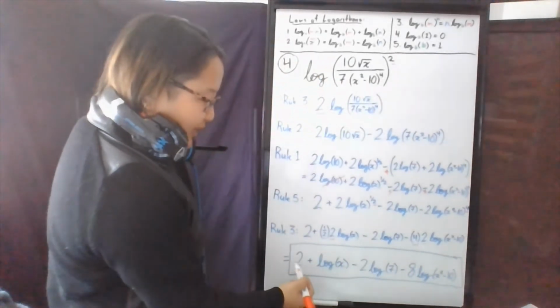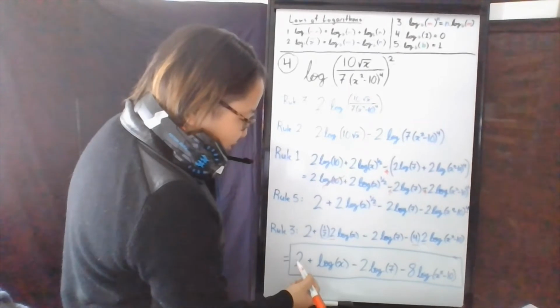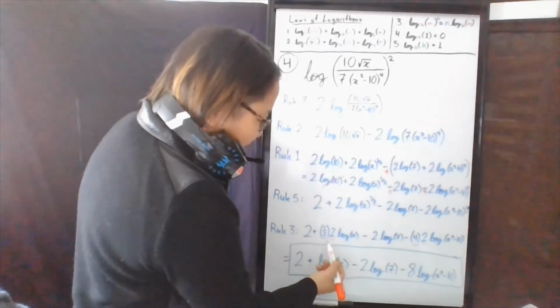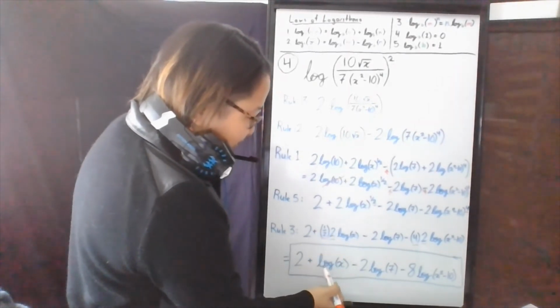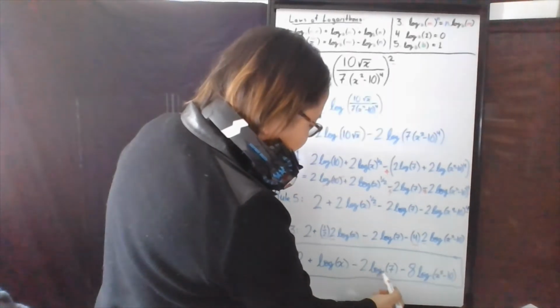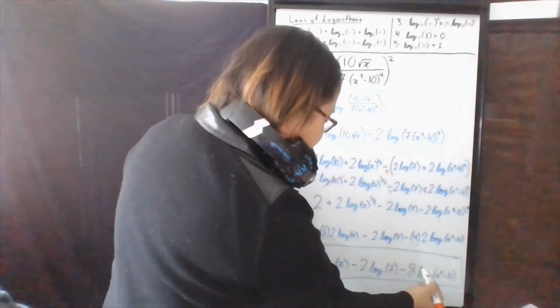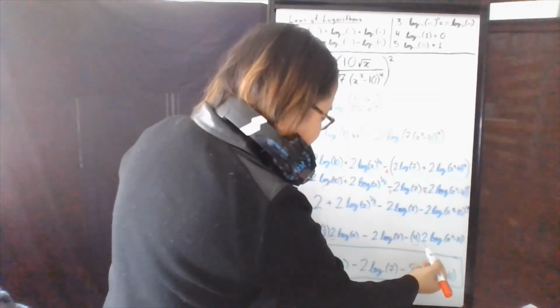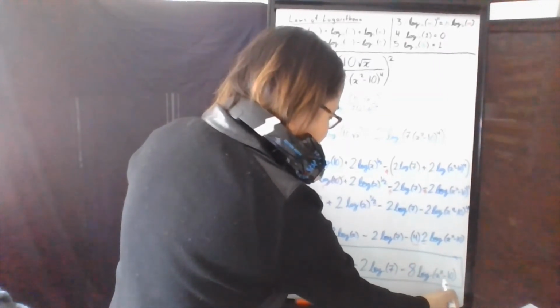So then when you put those together, you get 2 plus log x, because the 1/2 times 2 is just 1, minus 2 log of 7, minus 8, which is 4 times 2, log of x squared minus 10.